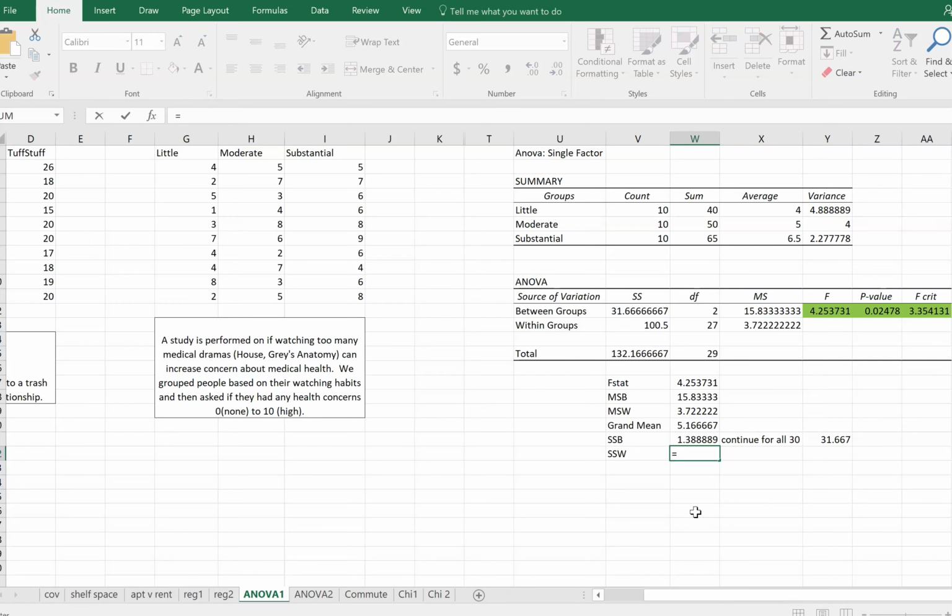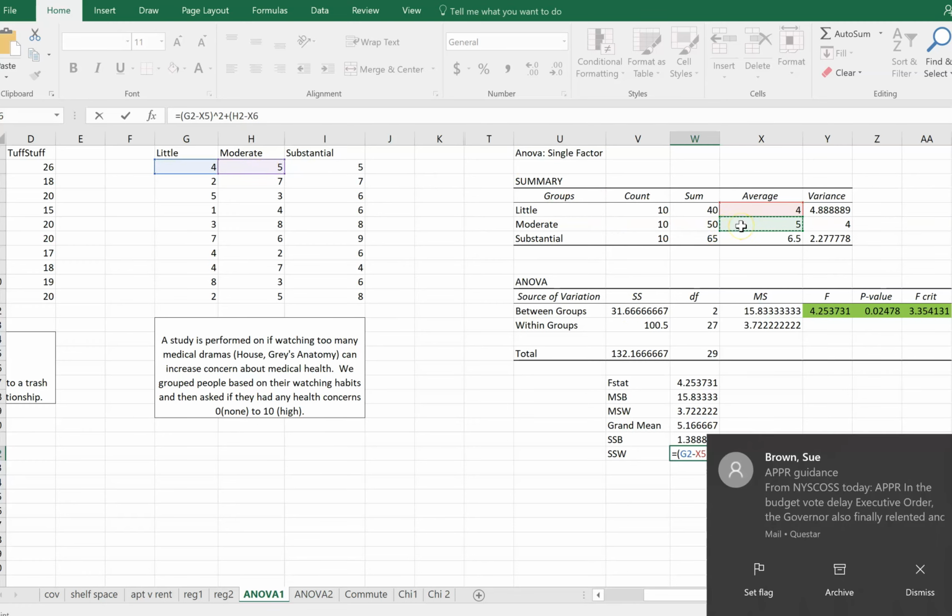So here, you've got to be very careful. You take each individual item minus the average of the group they're in, and that's very important, and then squared. Plus, that would be different here because this number is in the moderate group, and the average of that group was 5.